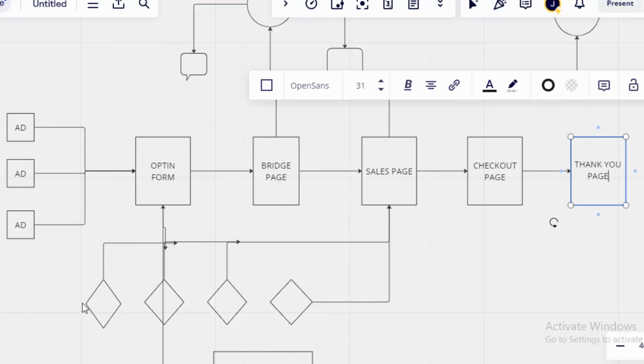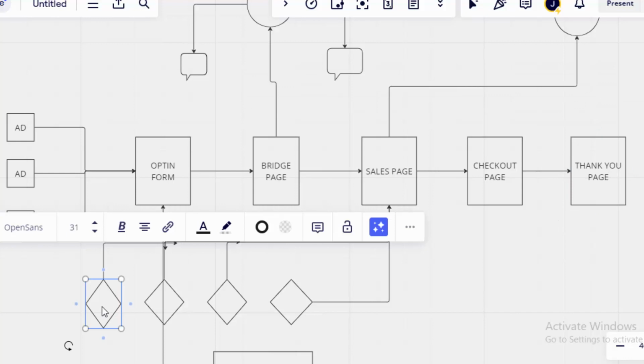Okay, but like I said, these are emails. So this is an email, a follow-up email. Okay, so that's an email. This is an email, right?